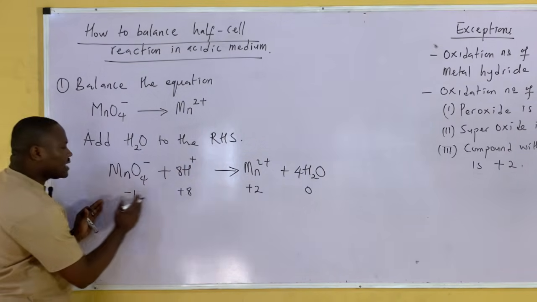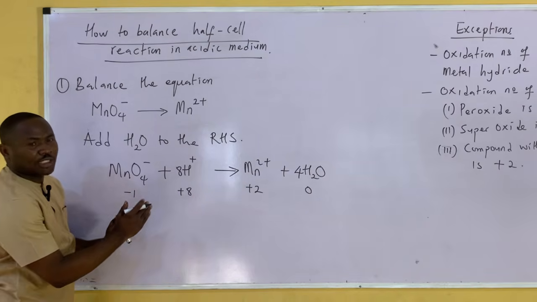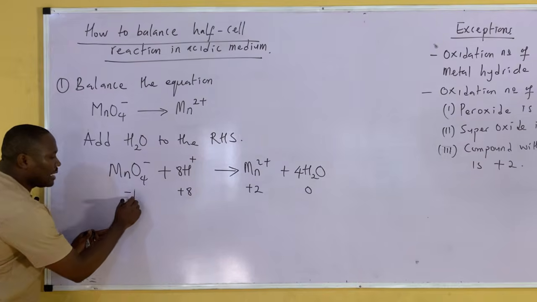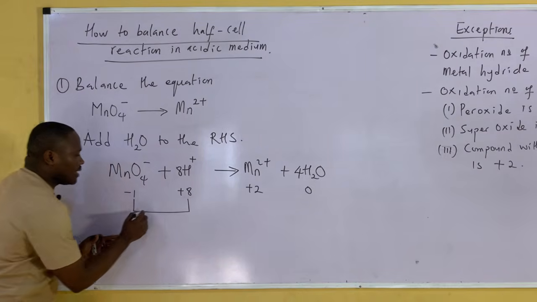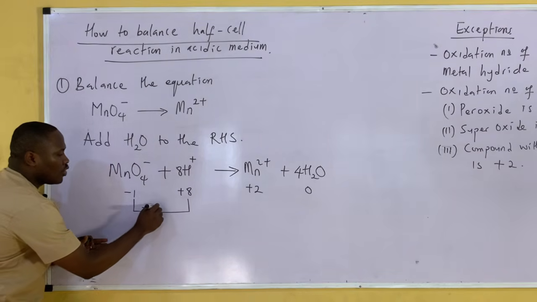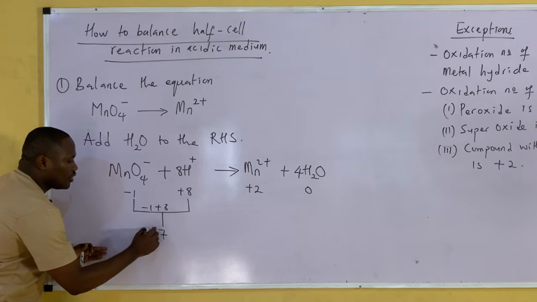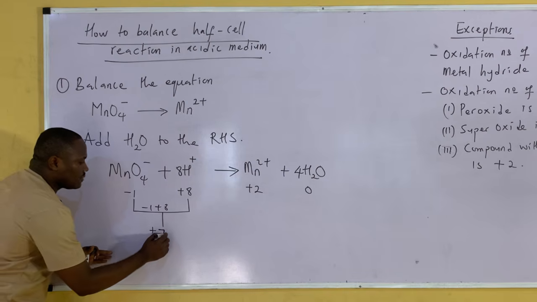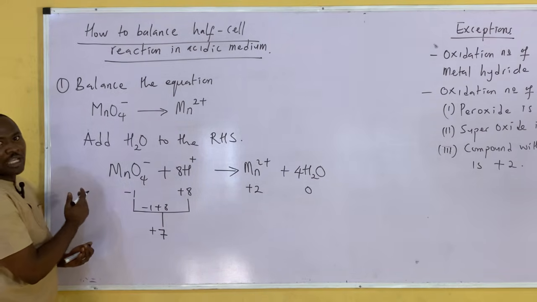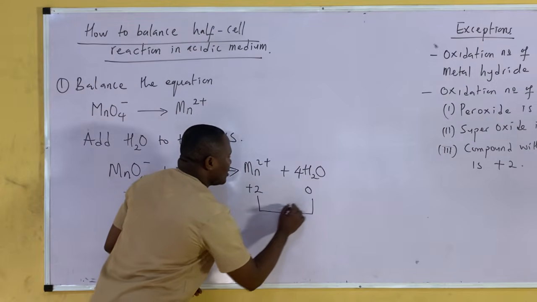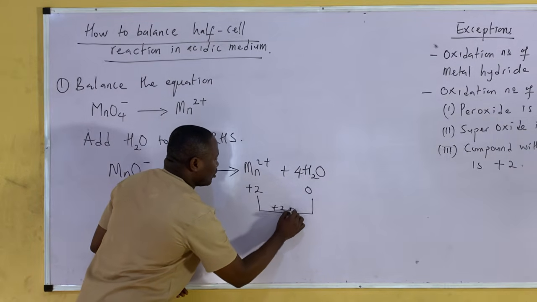Now, if you take the sum of the charges on my left hand side and on my right hand side, you realize that I have here -1 plus 8. That will give me +7. So I'm having +7 as the total charge at my reactant side, while here I'm having +2 plus 0.